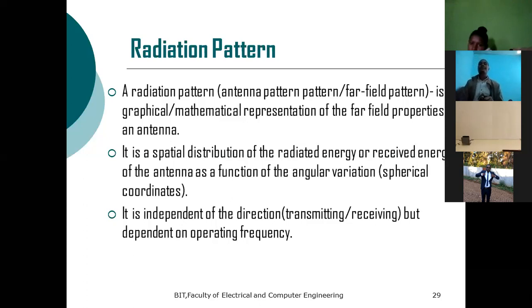A radiation pattern is sometimes also called an antenna pattern, or a far field pattern, because we are not that interested in near fields. As far as a radiating element is concerned, we are interested in the far field component.